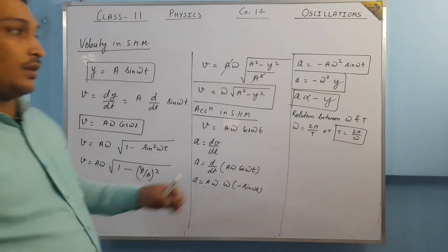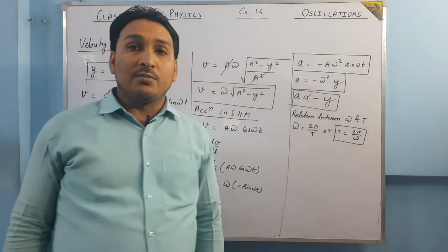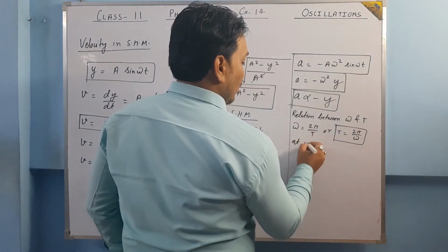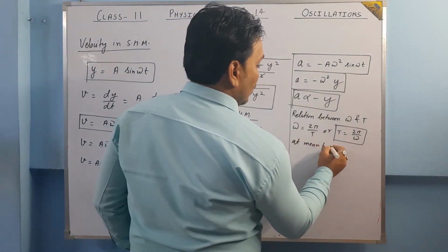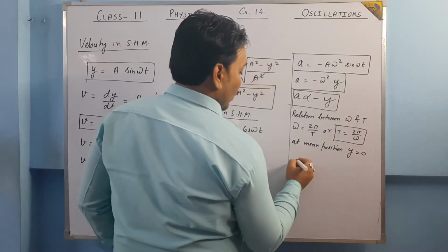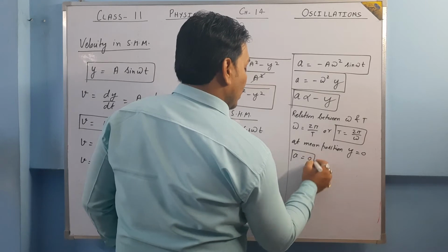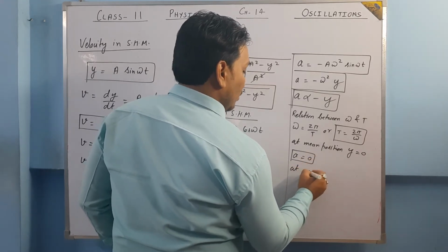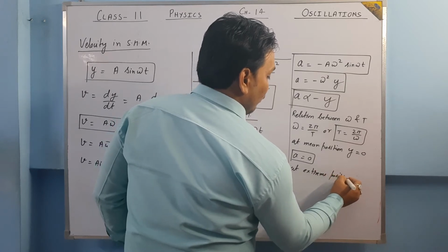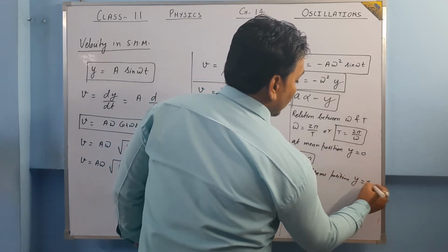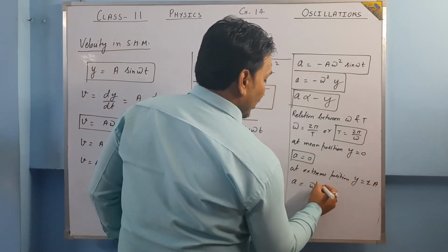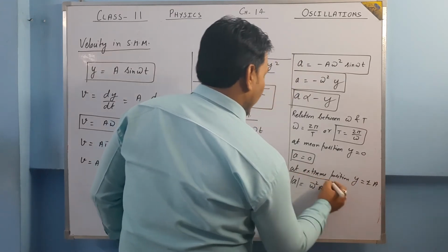So if I ask when the acceleration is maximum and when it is minimum: at the mean position, y is equal to 0, so acceleration is equal to what? 0. At the extreme position, when y is equal to plus or minus a, acceleration comes out to be omega square into a in magnitude.